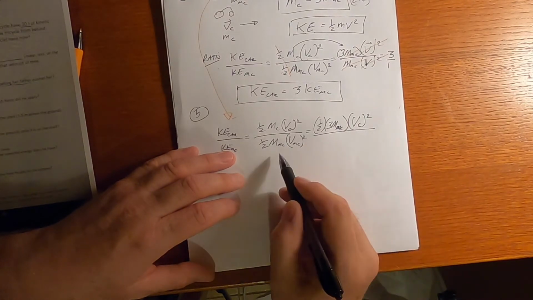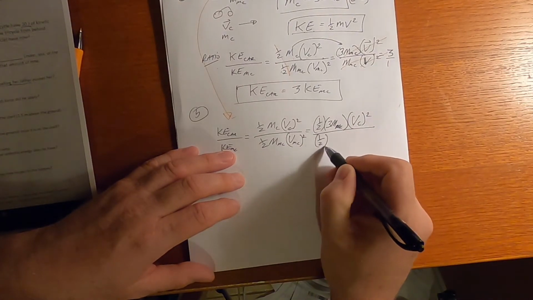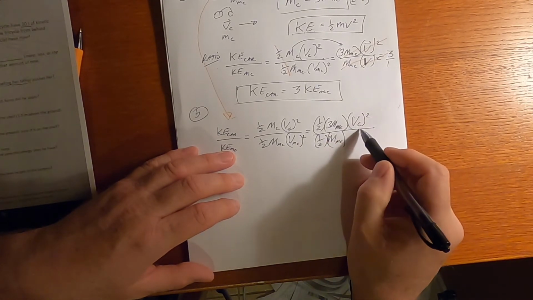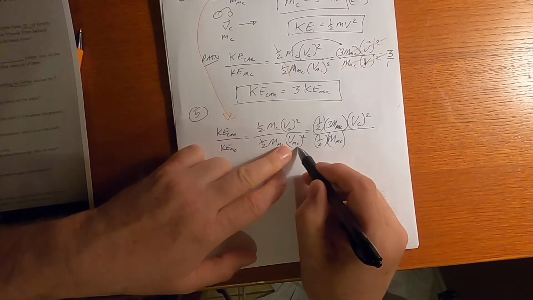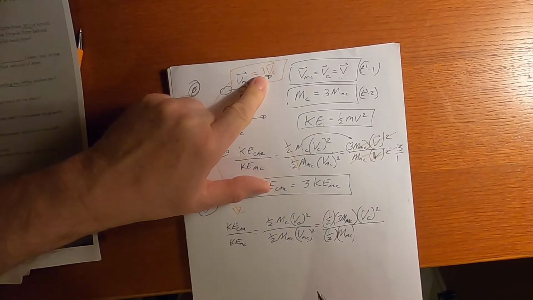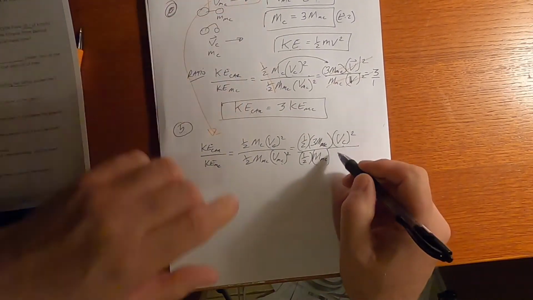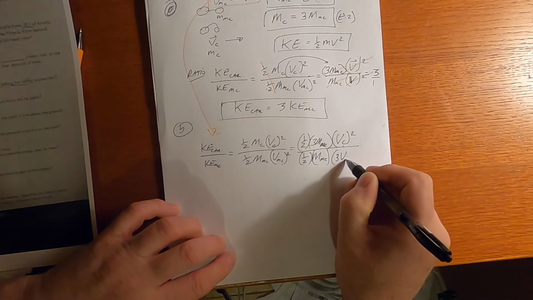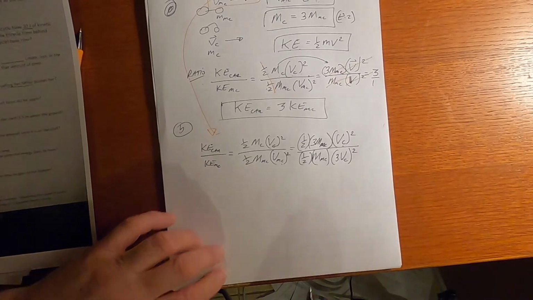Now down here, 1/2 the mass of the motorcycle. Now the velocity of the motorcycle is 3 velocity of the car, so we're going to substitute 3 velocity of the car and square that.